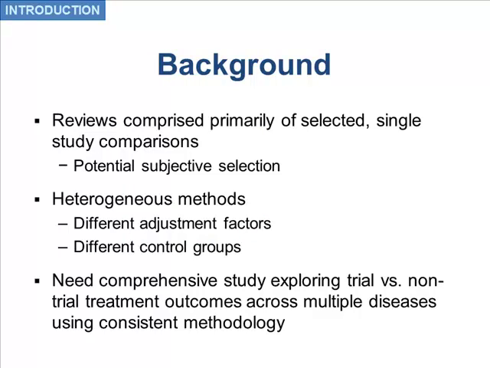However, these reviews are comprised primarily of selected single study comparisons, so there's the potential for subjective study selection. They also have heterogeneous methods and control groups, so this suggests the need for a comprehensive study exploring trial versus non-trial treatment outcomes across multiple diseases using a consistent methodology.